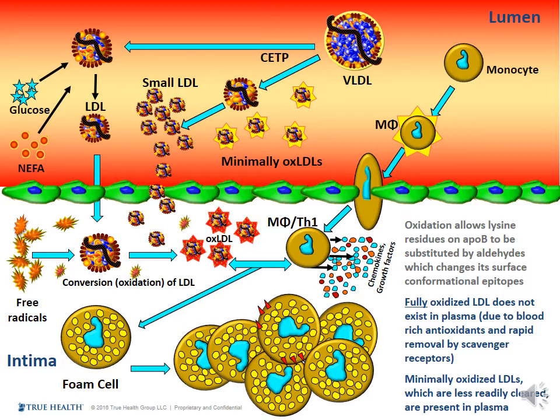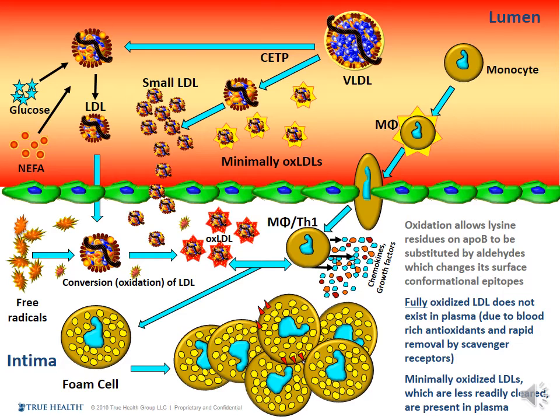LDLs that are fully oxidized do not exist in plasma because plasma is full of rich antioxidants, and any oxidized LDLs would be rapidly removed by scavenger receptors in various tissues. However, minimally oxidized LDLs are not as readily cleared, and they do exist in plasma. And in fact, it is minimally oxidized LDLs that become measurable in the laboratories.